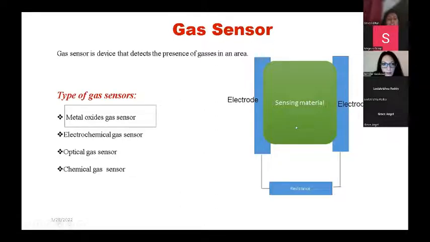This is known as the chemi-resistive gas sensor. It is very simple to design, very simple to handle, and a more effective technique than the electrochemical, optical, and chemical gas sensors.